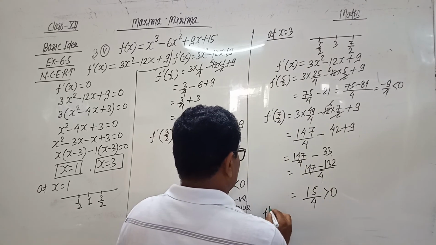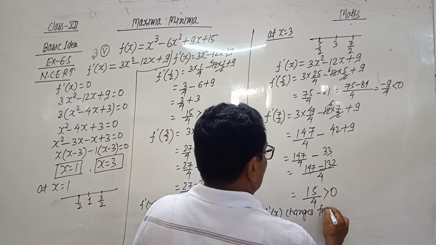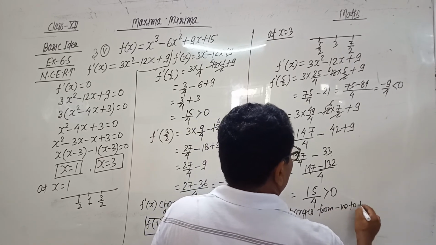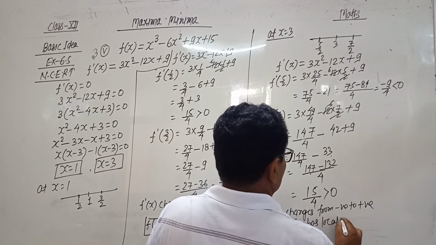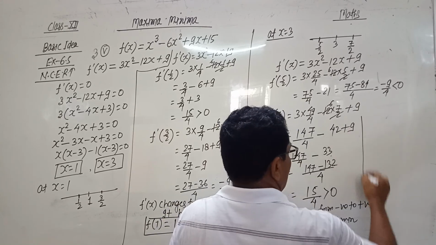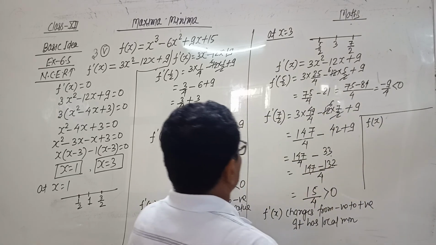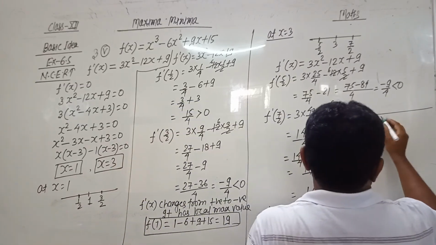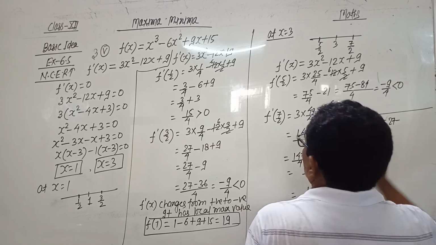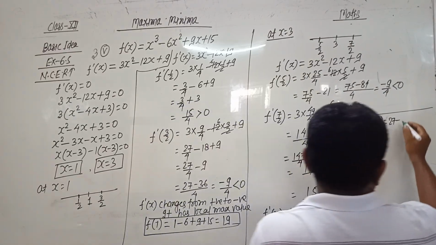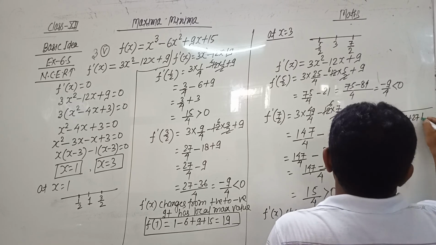So f dash x changes from negative to positive. So it has a local minimum, and the local minimum value is obtained by putting the value of x equals to 3 in the equation. f(3) equals to 3 cube, 27, minus 3 the square, 9, 9 6 54, and 9 into 3, 27, and plus 50.